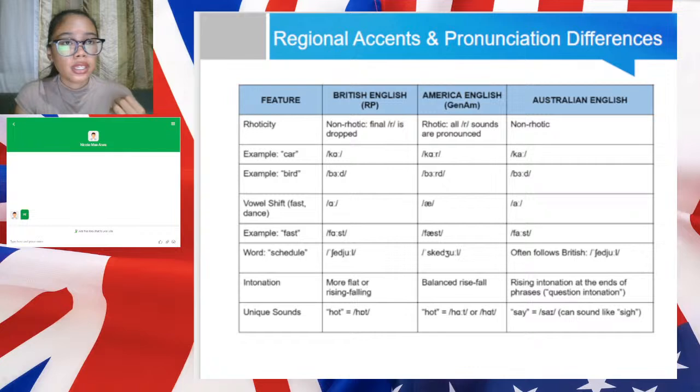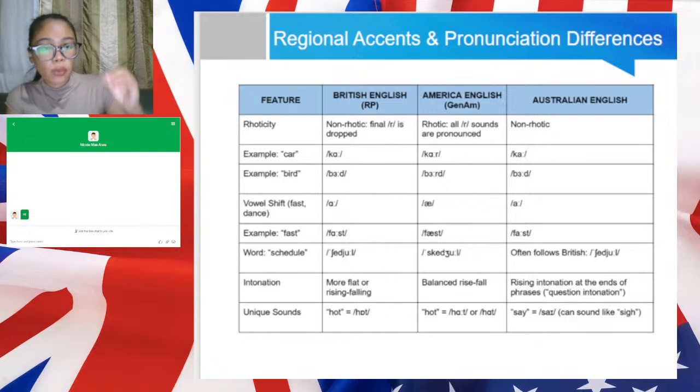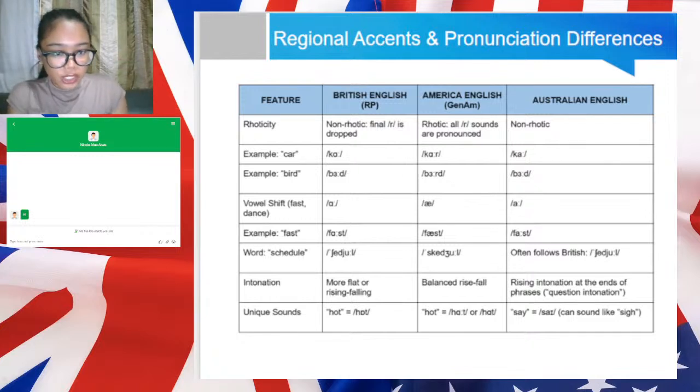The letter R sound is dropped, especially when it is right at the end of a word or before a consonant. This is the total opposite of general American, or American English, because it is considered rhotic, where all letter R sounds are pronounced.